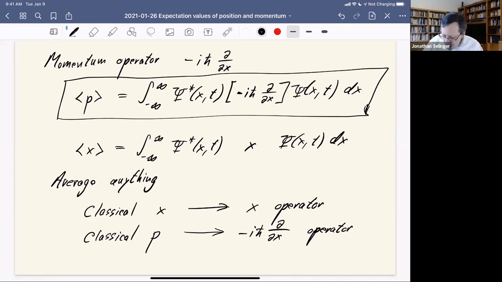And then you put it into this integral sandwich.